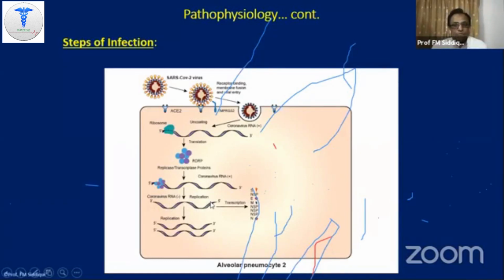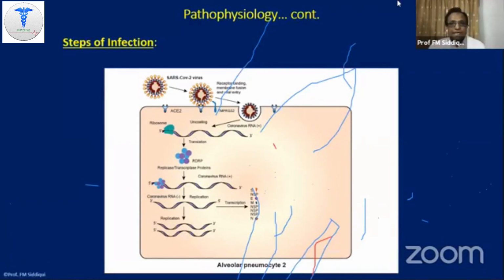Then this replication causes production of multiple copies. Again, this enzyme passes through the negative sense RNA and produces multiple copies of RNA, which are exactly the same as the original RNA that entered with the virus.